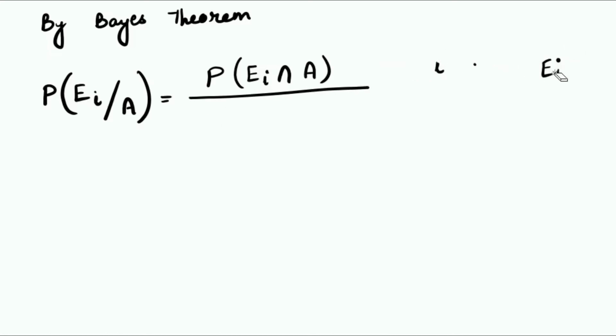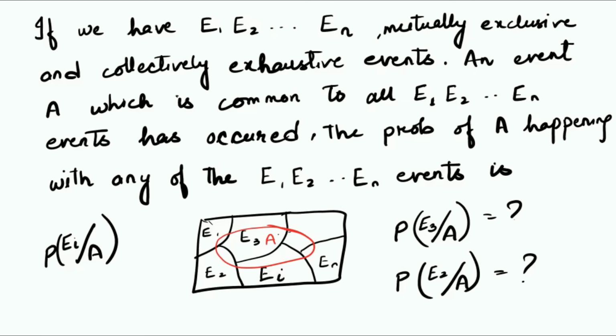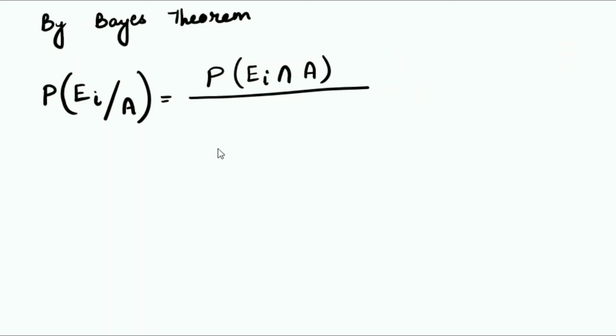So in the next slide I will be writing. This is favorable because you want A to happen and Ei also to happen. Basically, you want this part to happen, Ei intersection A. So favorable to that event is probability of Ei intersection A by total probability of A happening.